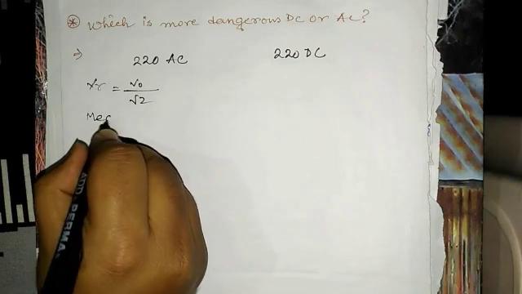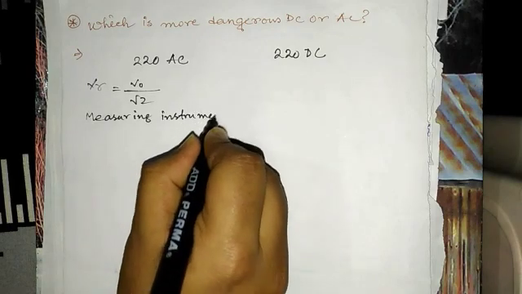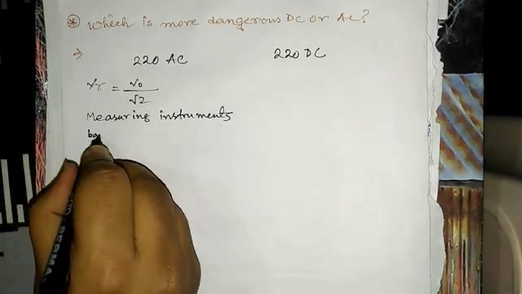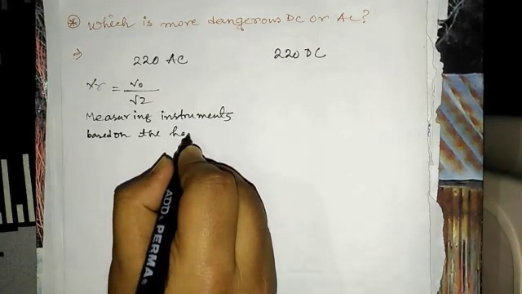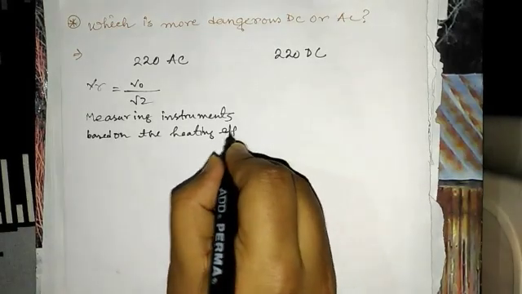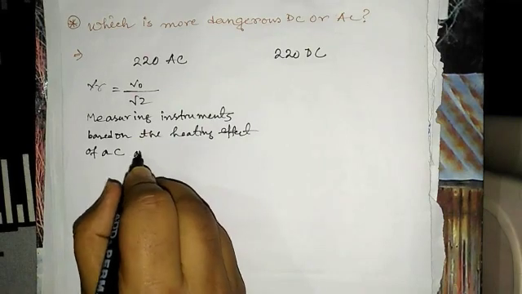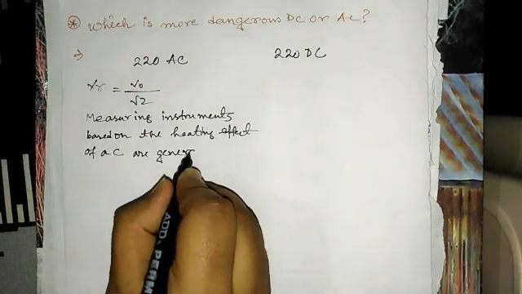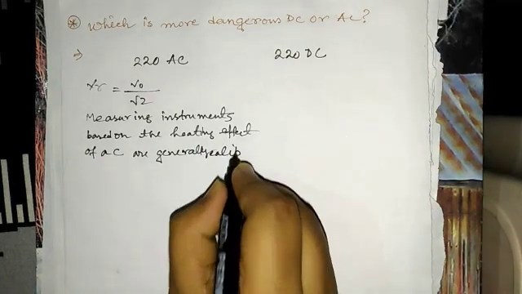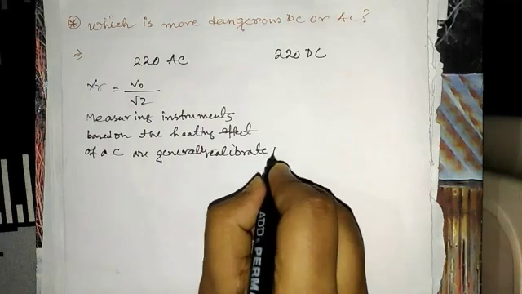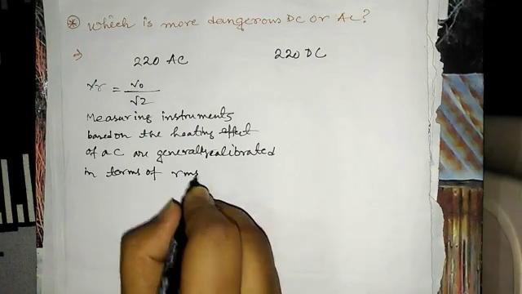Measuring instruments based on the heating effect of AC are generally calibrated in terms of RMS values.